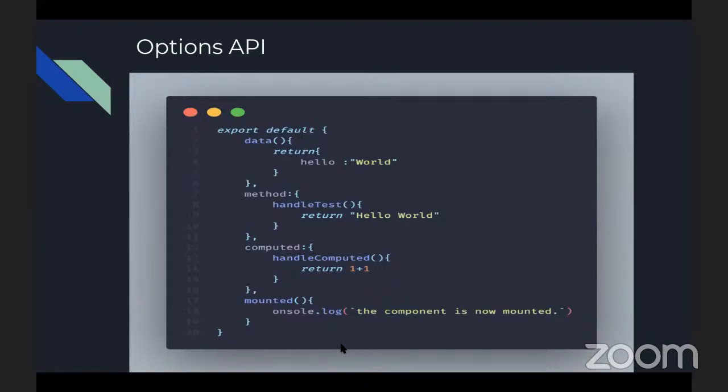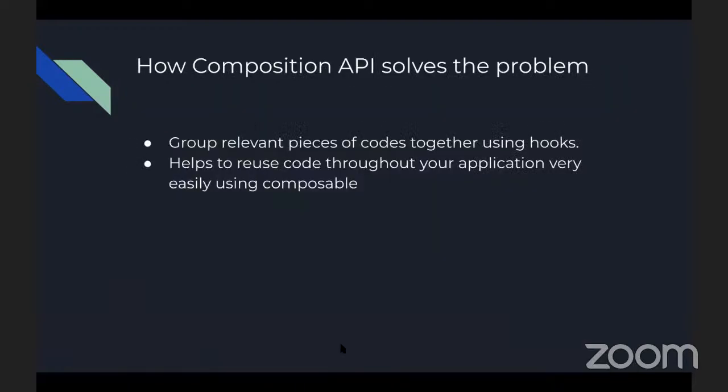Then there was a new invention, which was the composition API. The composition API solves the two limitations of the options API by, one, allowing us to group relevant pieces of code together using hooks. So that was the first problem the composition API solved.